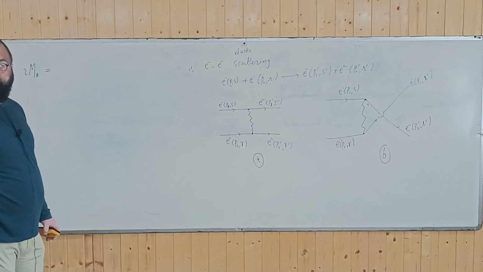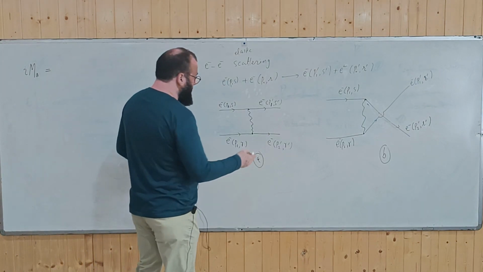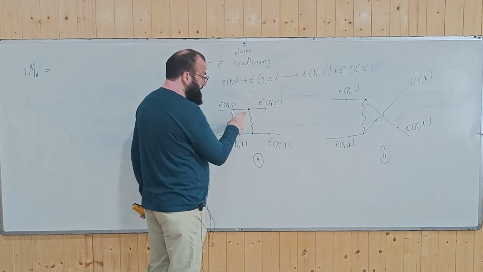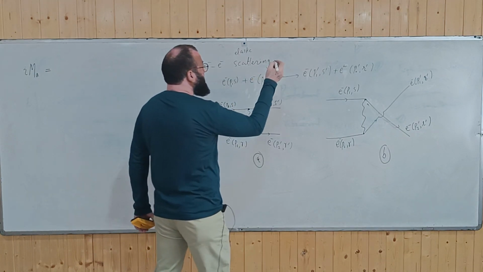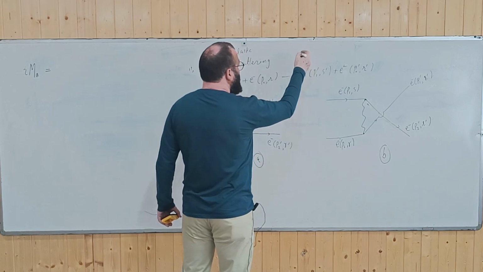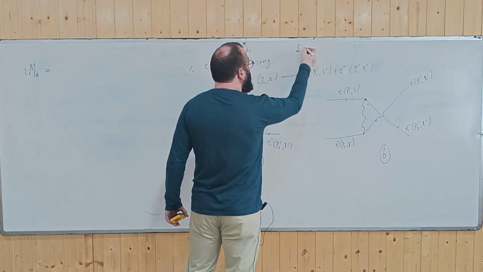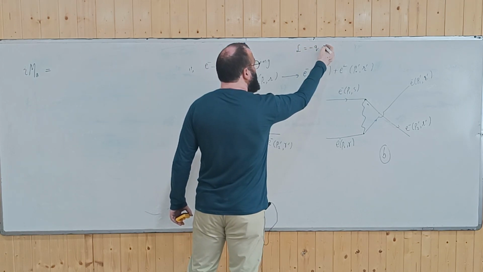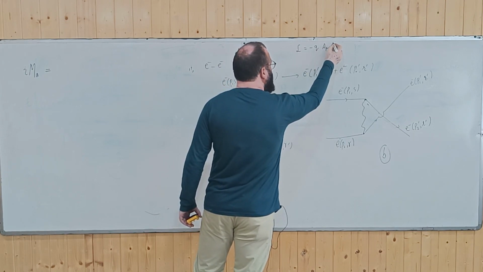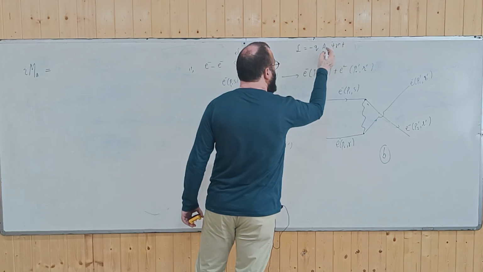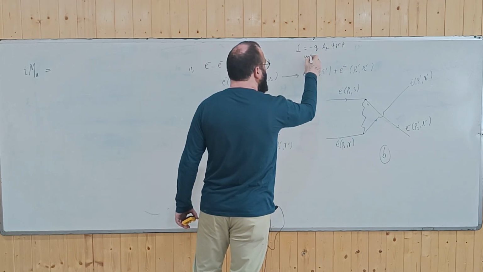How do you start? Now tell me what to do. I have to label the vertex, correct? So what is our QED process? Since these are electrons, our Lagrangian is equal to minus Q, A mu, psi bar, gamma mu, psi. What is the vertex there?